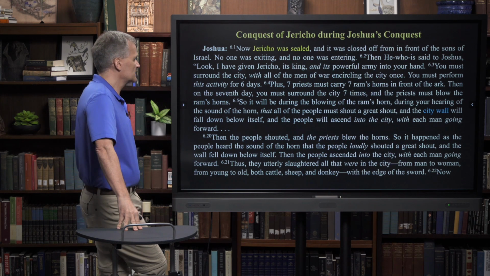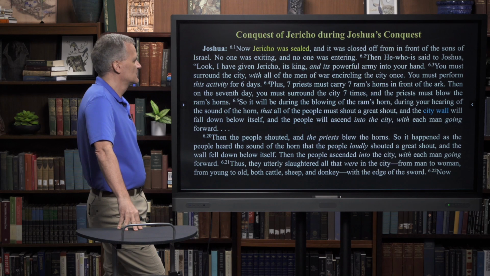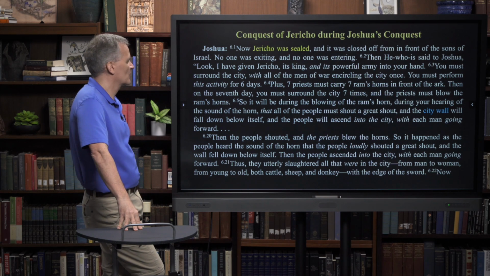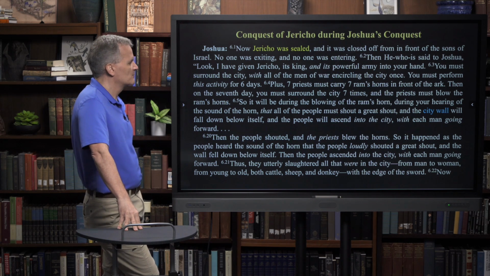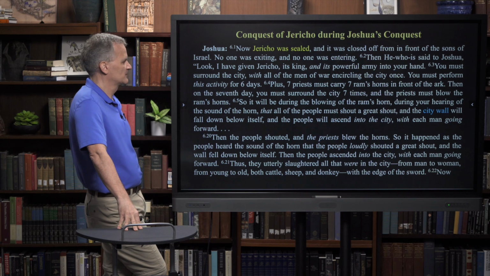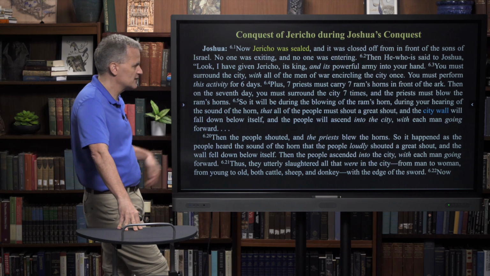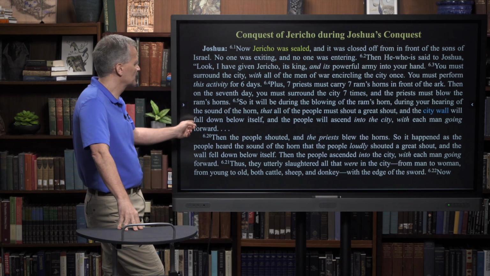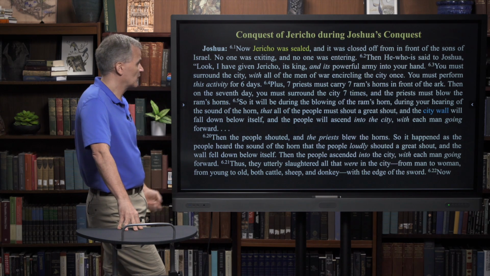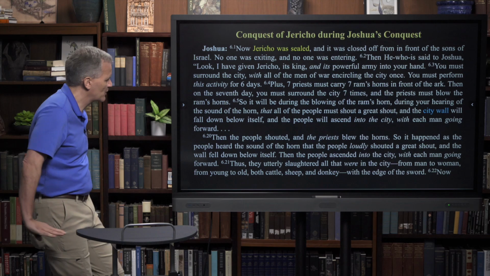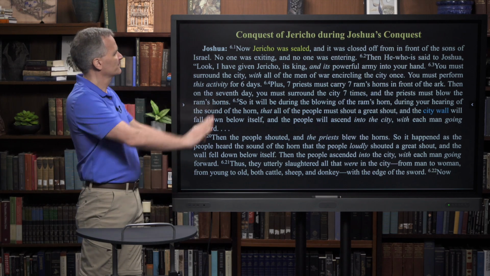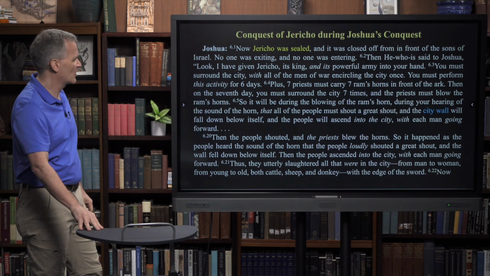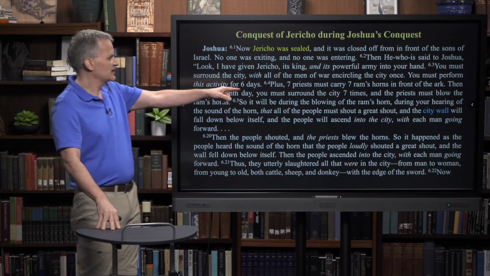And the priest must blow the ram's horns. So it will be during the blowing of the ram's horn, during your hearing of the sound of the horn, that all of the people must shout a great shout. And the city wall, there it is in blue, and the city wall will fall down below itself. And the people will ascend, that is the Israelites, they will ascend, they will go uphill, with each man going forward. So, notice I have city wall in blue.